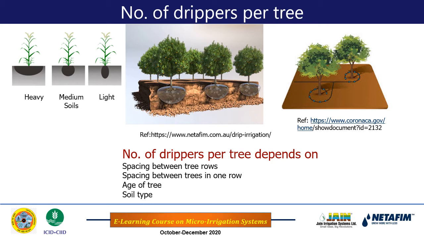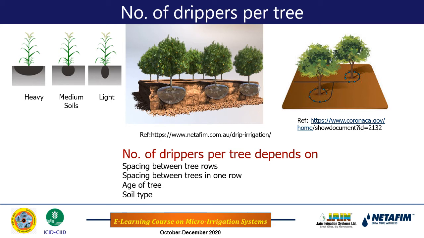And if we are growing all those in the same kind of soil, say medium soil, then this pomegranate will need around 4 emitters. Fully grown pomegranate plantation in medium soil, 4 emitters per tree. But for the citrus plantation, it will be around 6 emitters per tree. So that is the difference actually.